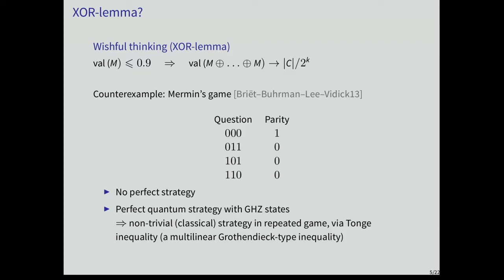Maybe I should pose a question here. Are examples like this, where you can round a quantum strategy using quantitative inequality, the only obstruction to an XOR lemma?